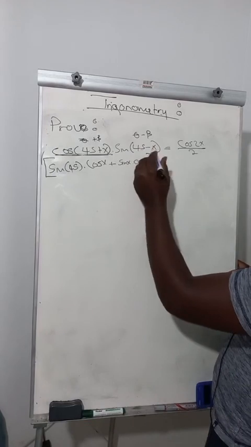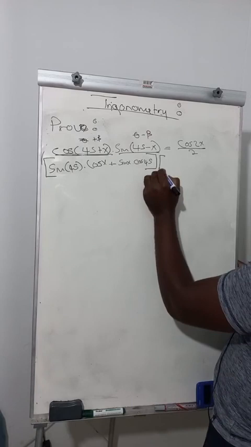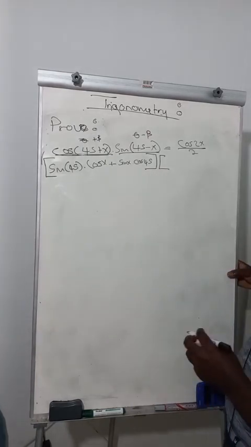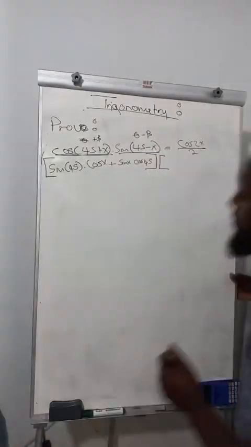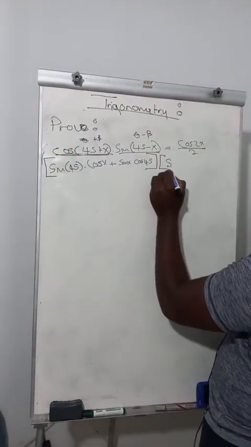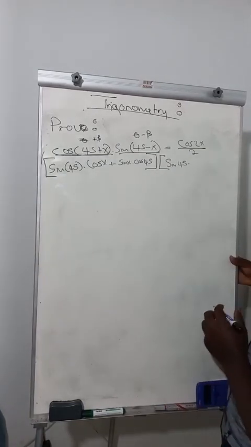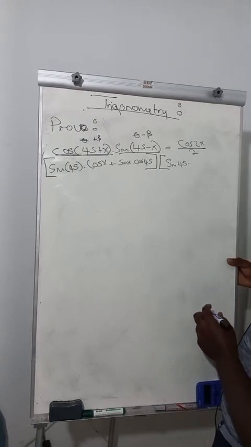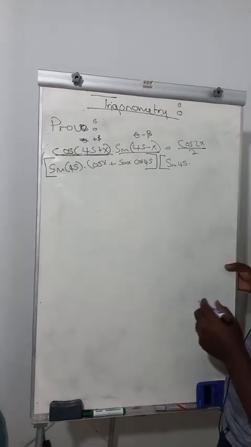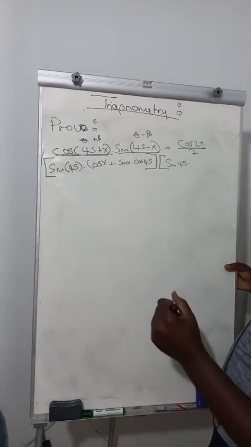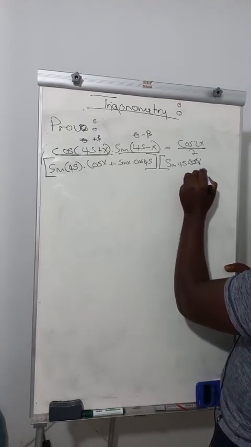Now let's do it for this one. It means it will say multiplied by, and for this one, your formula says sine 45 multiplied by cos x.